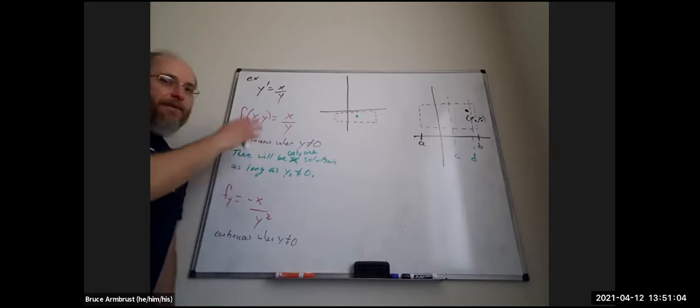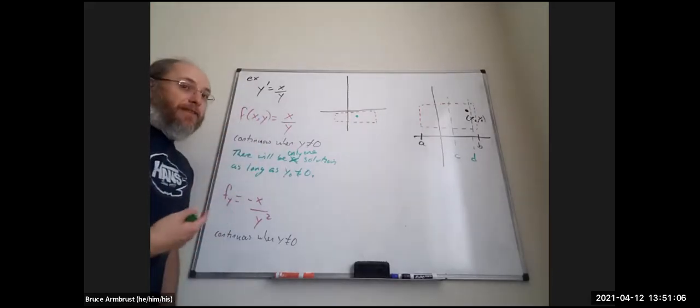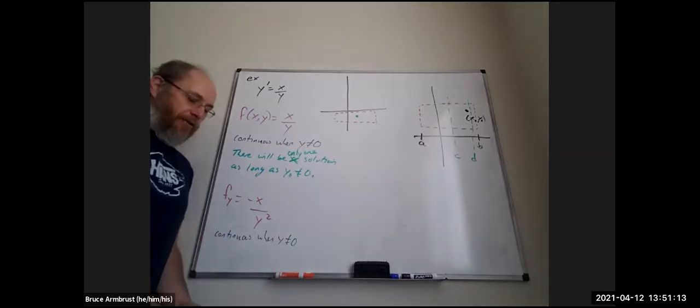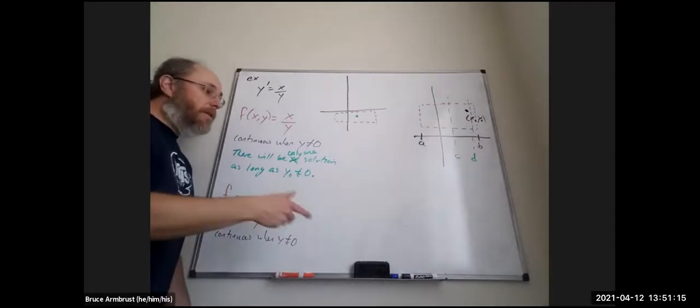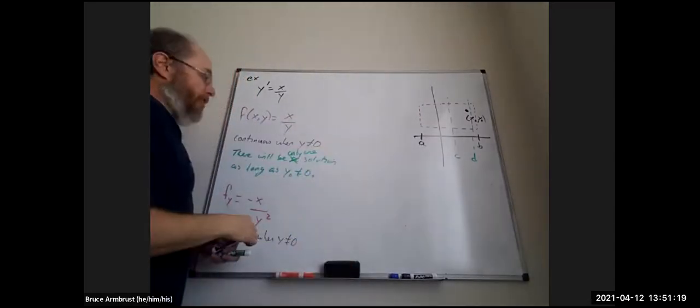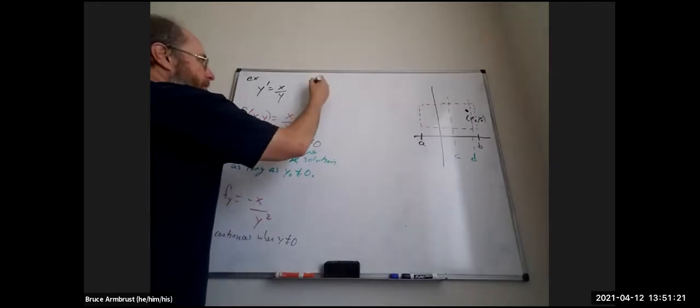All right, so that's kind of the process. That's what we're doing here with this theorem, is we're just checking for continuity so that we can see whether or not our solutions are unique. So let's actually run through this one with an initial condition. Let me give you an initial condition.